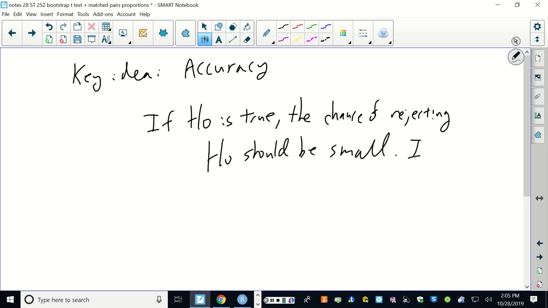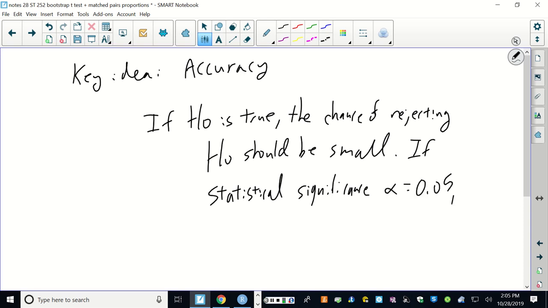If our statistical significance is 5%, given by alpha, then we want to reject true H0s less than or equal to 5% of the time.